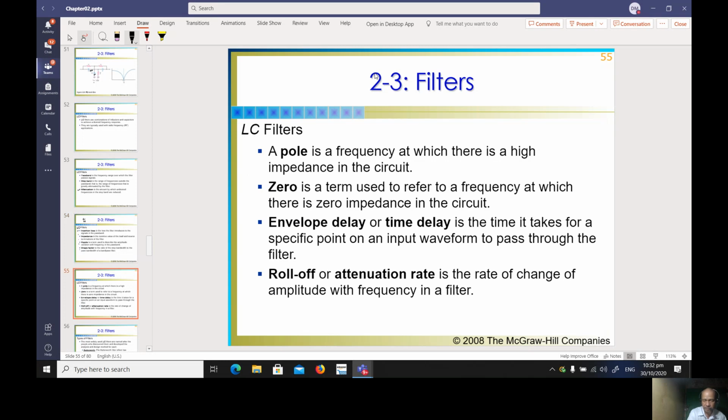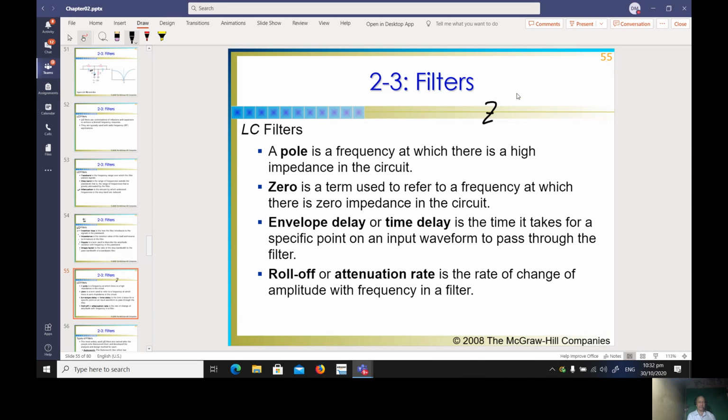An LC filter also has its pole. Tinatawag natin pole is a frequency at which there is a high impedance in the circuit. Ganito guys kasi yung impedance, ano ba gamit dito sa electronics?